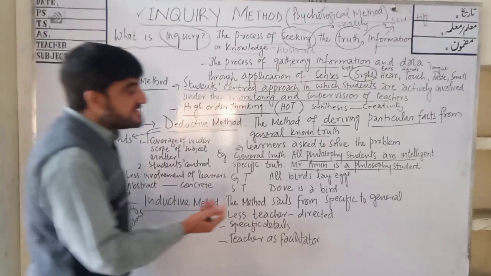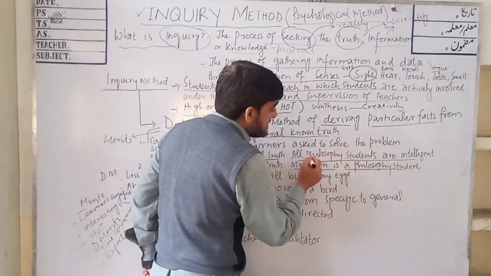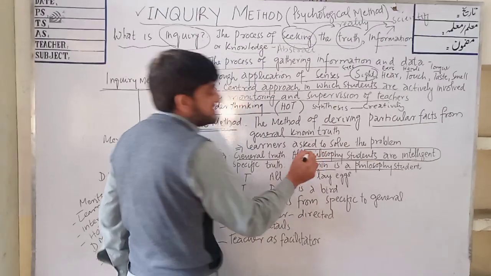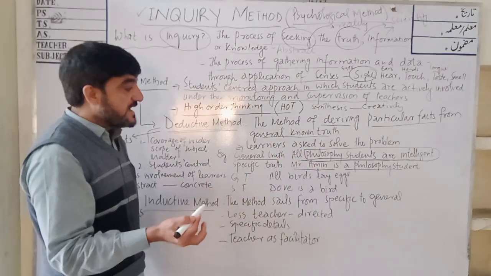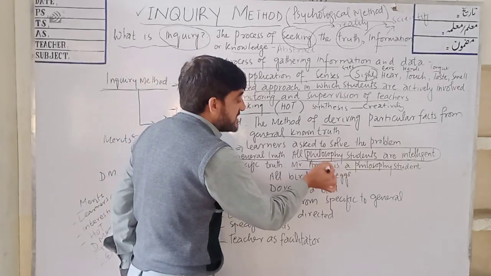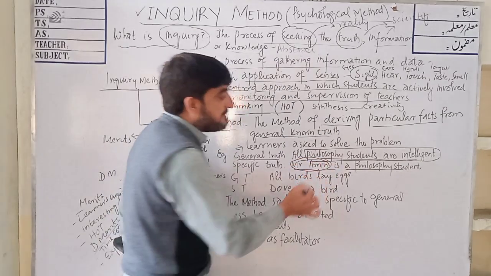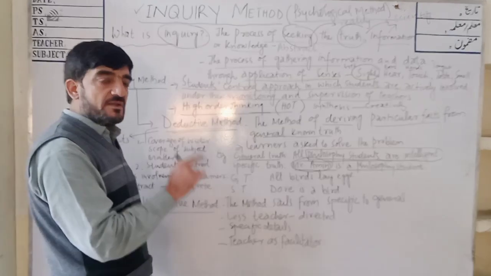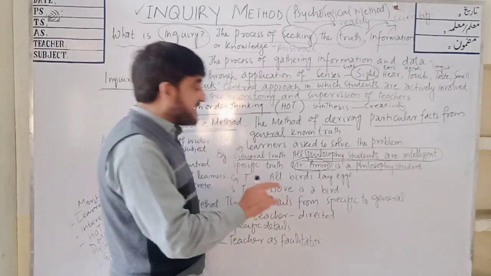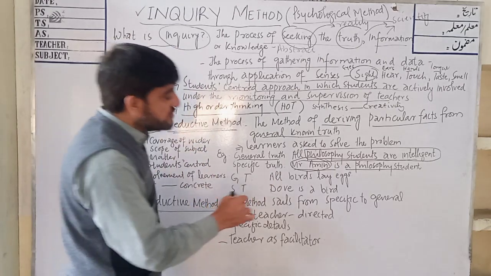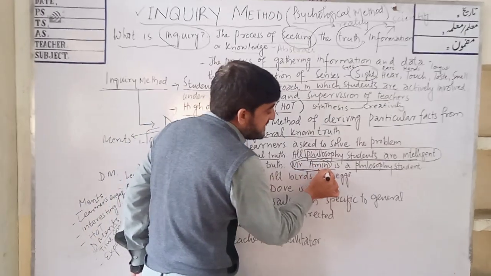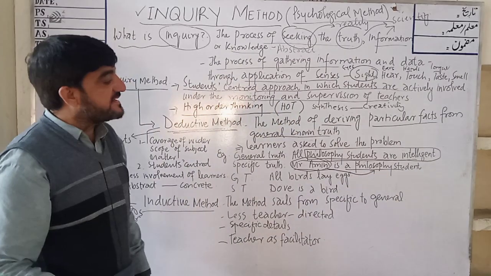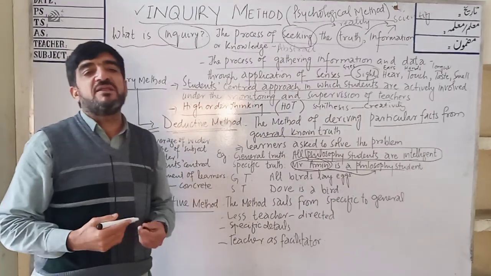It means that we have studied that all the students of philosophy are intelligent. It's a general truth. And the qualities of intelligence are there in Amin, who is a specific student, because he is a student of philosophy.